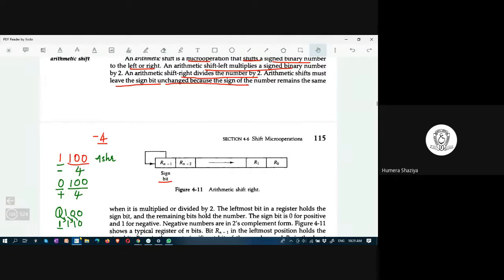You are absolutely right. And how it changes? Whenever you are performing a shift left, it is like multiplying by 2. Whenever you are performing a shift right, it is like dividing by 2.